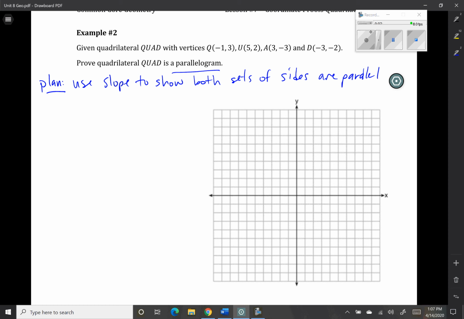So here's what I want you to do. I'd like you to pause the video, graph the 4 points, and see if you can find the slope of all 4 sides. And then we'll come back and write the conclusion sentence together.